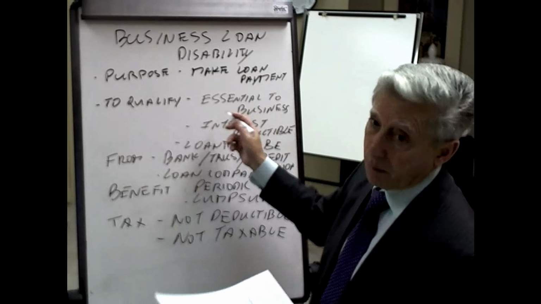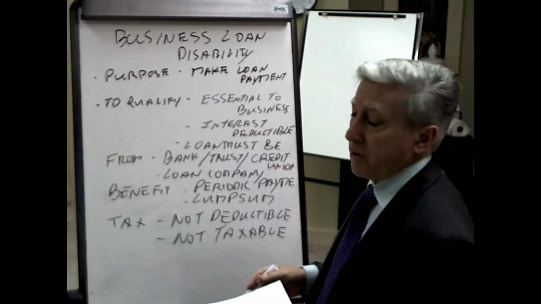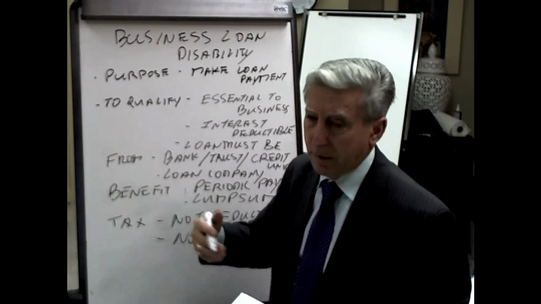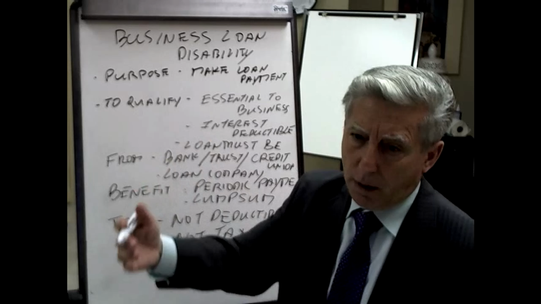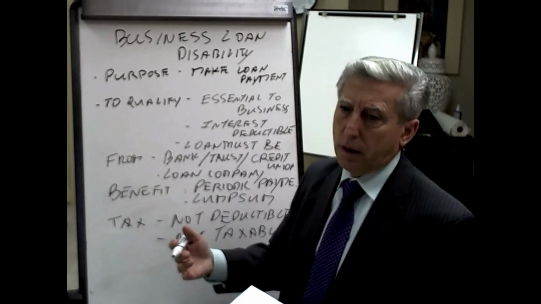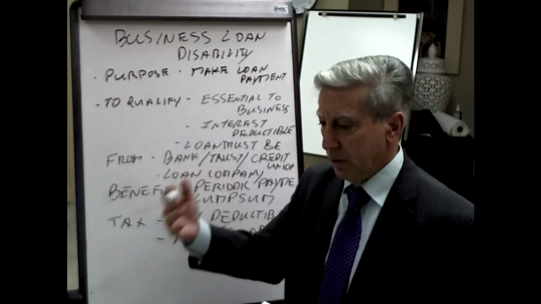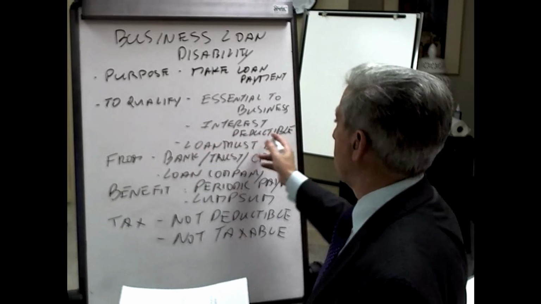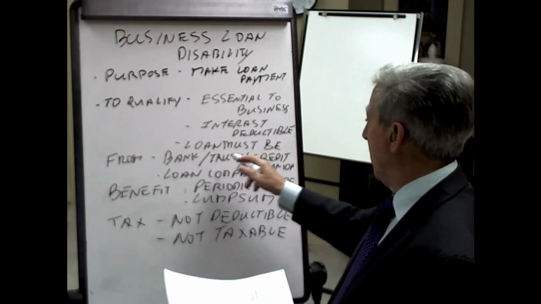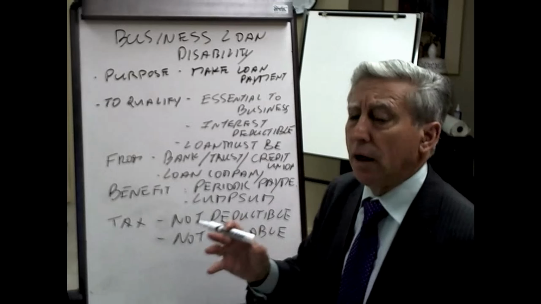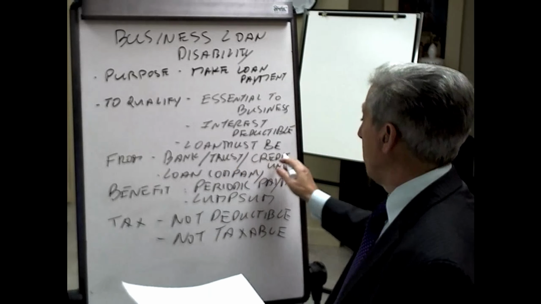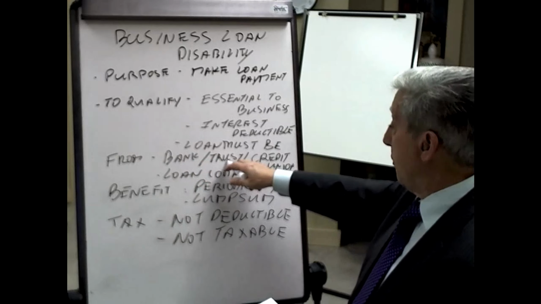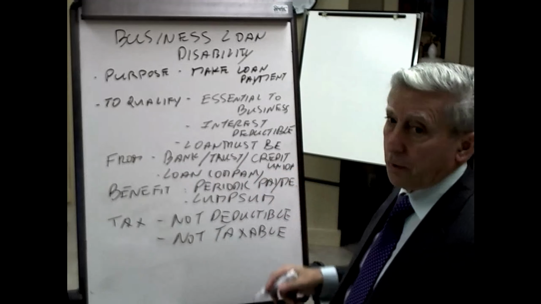And because it is a business loan, the interest will be deductible. Always remember that if you spend money to make money, then whatever the interest component of that loan happens to be, it will be deductible as well. So the interest has to be deductible, and the actual loan itself can only be purchased from a bank, a trust company, a credit union, or a loan company.